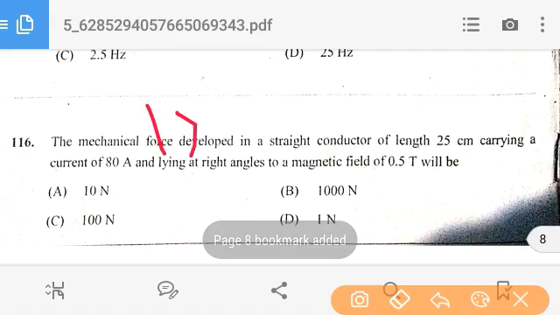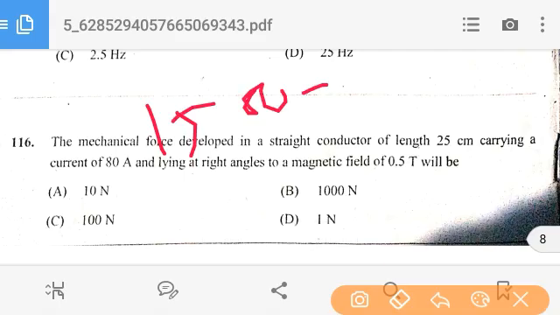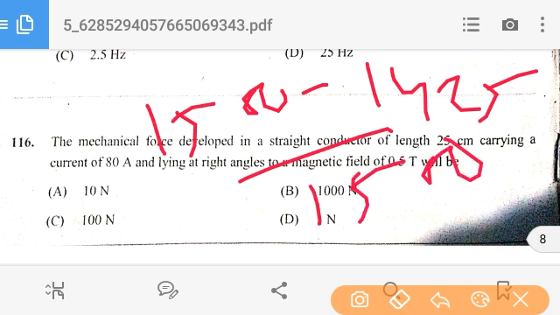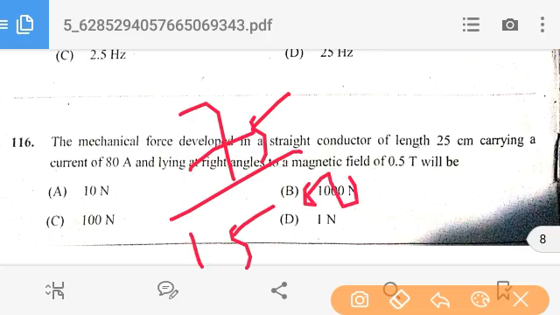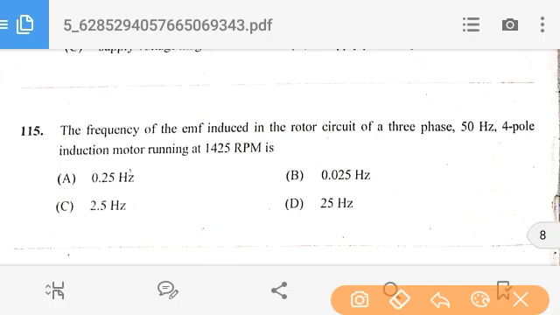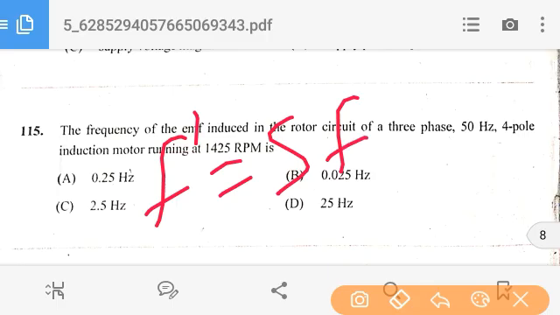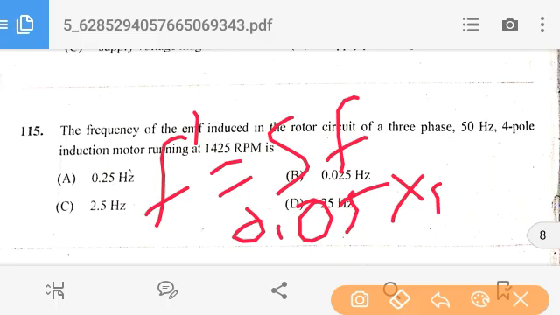So that equals (1500 minus 1425) by 1500, that equals 75 divided by 1500, that equals 0.05. The rotor frequency f dash equal to slip into f. Here you can see that the slip is 0.05 into the frequency 50, that equals 2.5 Hz. Option C will be the correct answer.